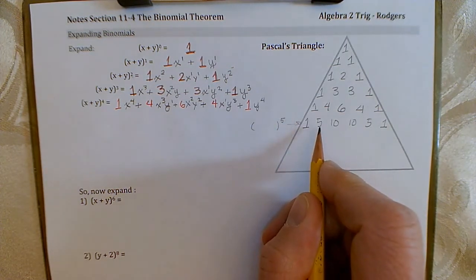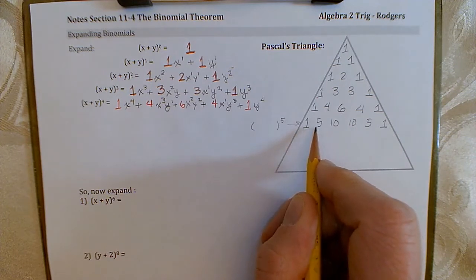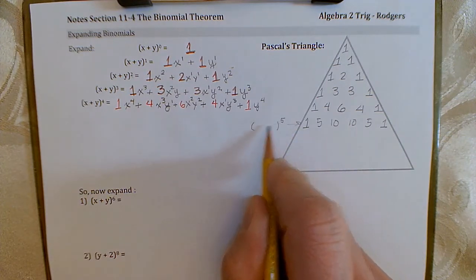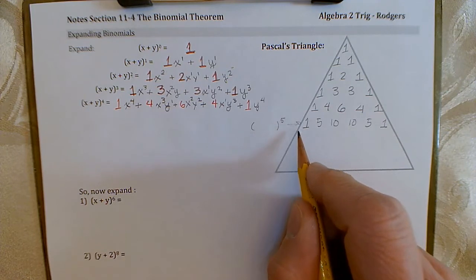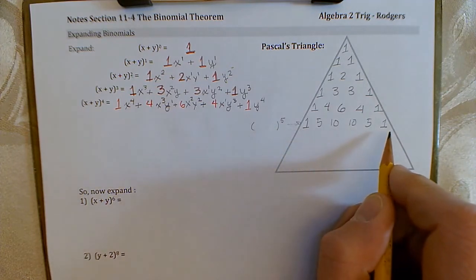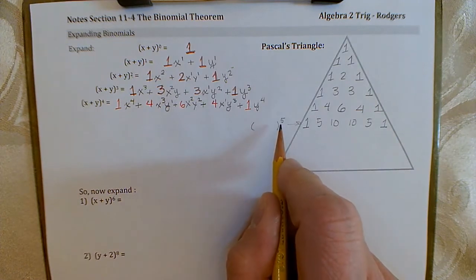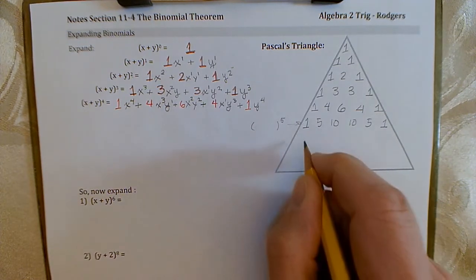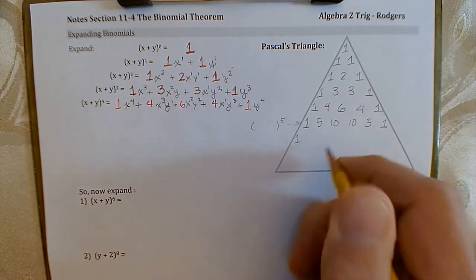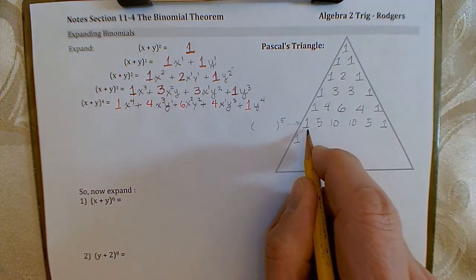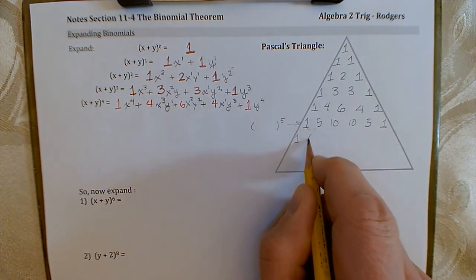So that first non-1 number tells us what the exponent on the binomial is. So this will give us the coefficients of the terms of the binomial expansion that's being raised to the 5th power. And then if we want to raise to the 6th power, we keep adding. In other words, we just keep putting new rows in. So these 2 will add up and give me a 6.